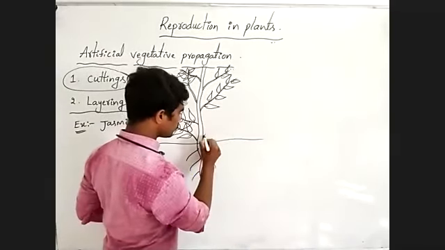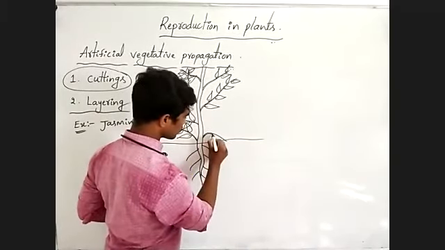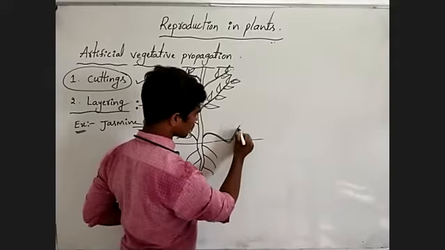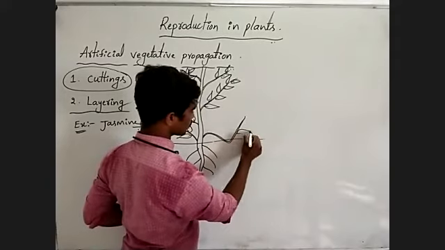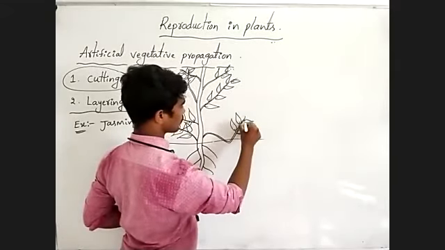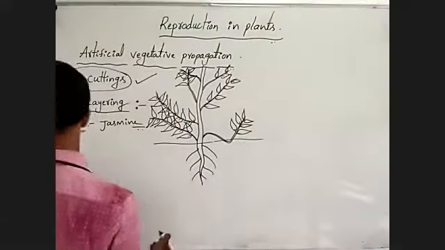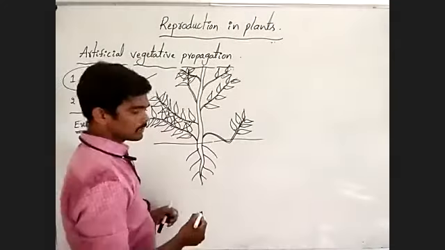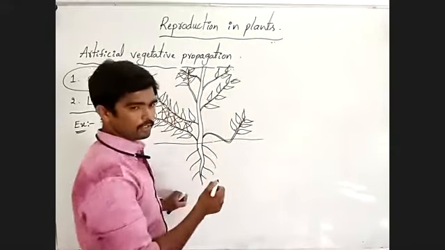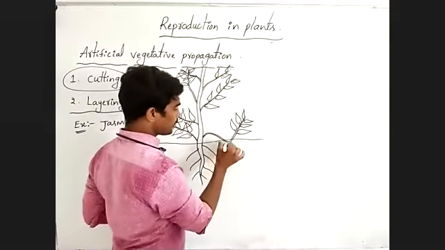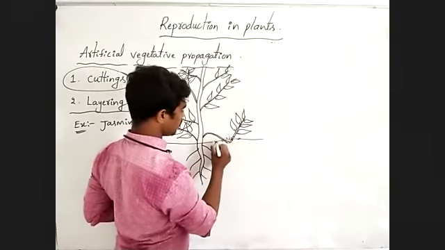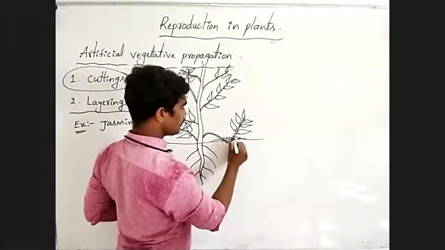For example, observe. Like this, a small portion of the lower weak branch is buried in wet soil like this.